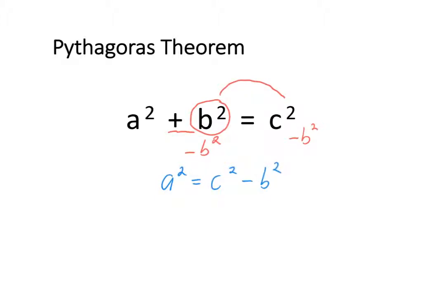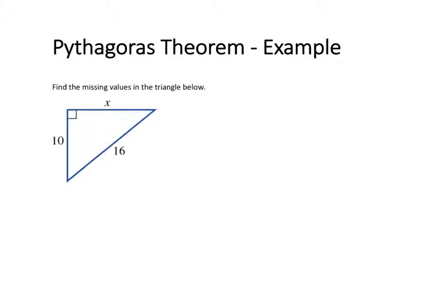And that's the formula I use when I'm finding a non-hypotenuse side, or one of the smaller sides of a right angle triangle. So in the example, I want to find the value of my missing side. Now my missing side is the side that I've highlighted, and it has been labelled x.